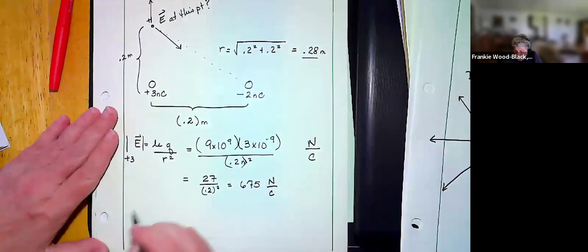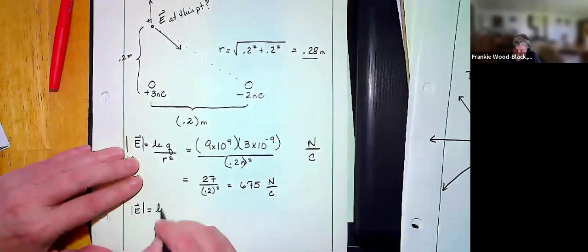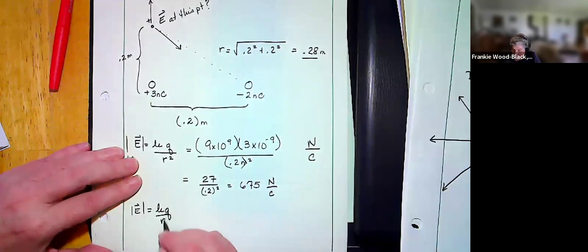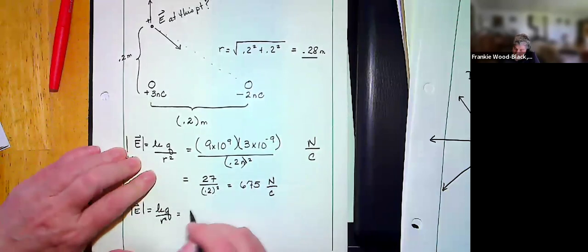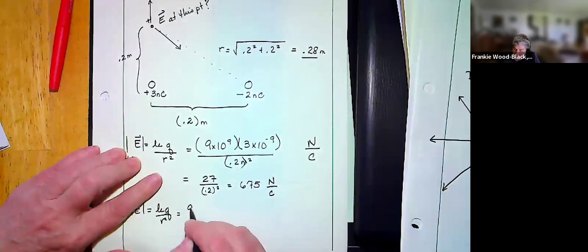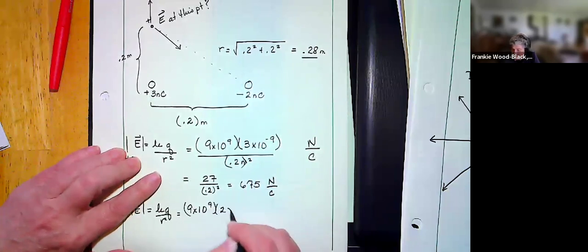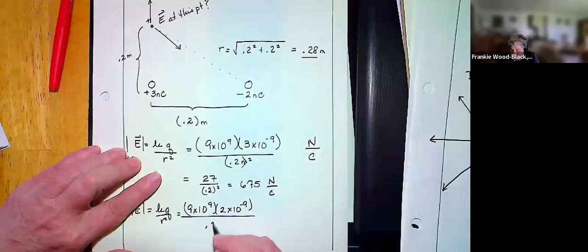I'm going to do the same thing for my other one. This one is going to be my 9 times 10 to the 9th, my 2 times 10 to the minus 9, and I've got my 0.28 squared.